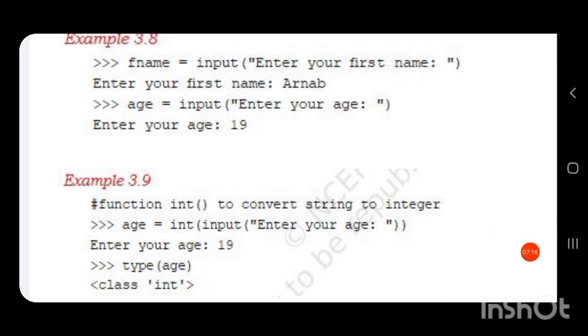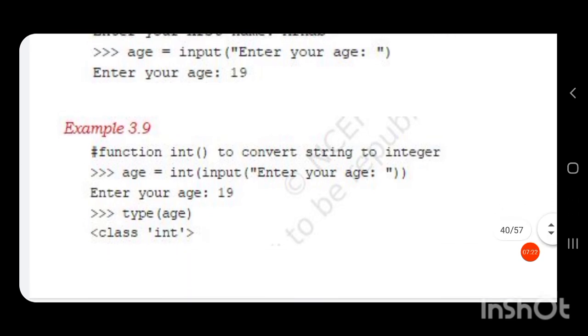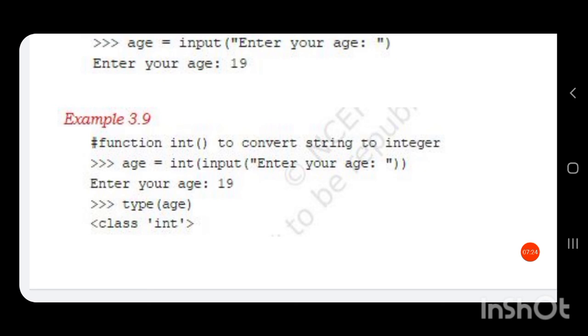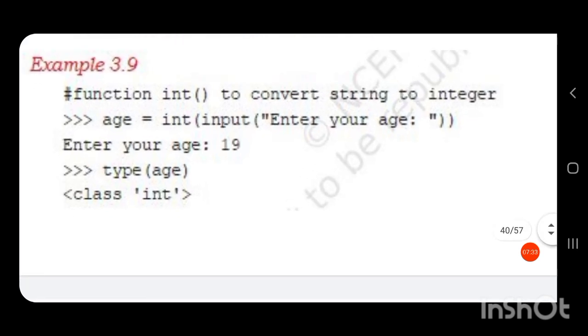So in case we want to perform any mathematical operation like adding two numbers, and we are taking those numbers through the input function, then we have to convert those numbers into integers. For that we have to write like this: age is equal to int, in that again a bracket, inside that input, then enter your age, then close all the brackets.